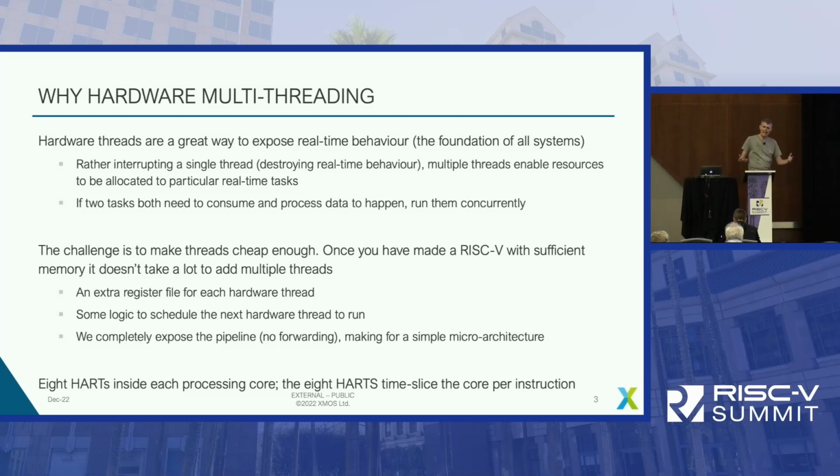It actually isn't there. There's no forwarding or anything like that. A thread can only be in the pipeline in one place, so once a thread has entered the pipeline, it can't re-enter it until it has completed, which means you need at least 5 threads to utilize the processor at 100%. So we have 8 RISC-V harts inside each core, and the 8 threads are time sliced over this pipeline on a per cycle basis. Every clock cycle, the next thread goes into the pipeline.